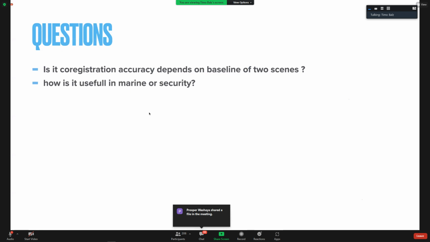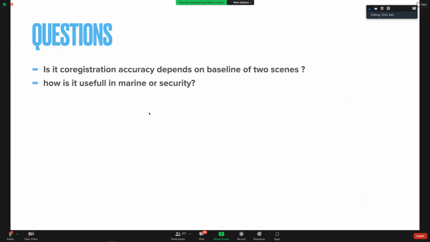Even with a rather large baseline difference, it's normally not a huge problem in practice. It's still going to be possible even with larger baselines. So the co-registration accuracy depends on the baseline, especially for very large baselines, but it is normally still not going to be a huge problem.